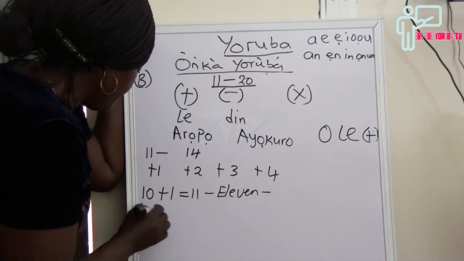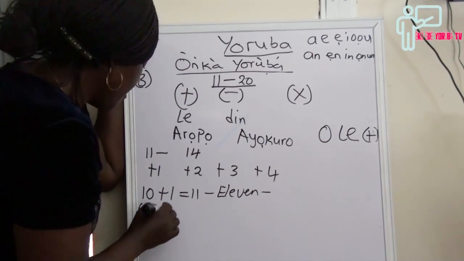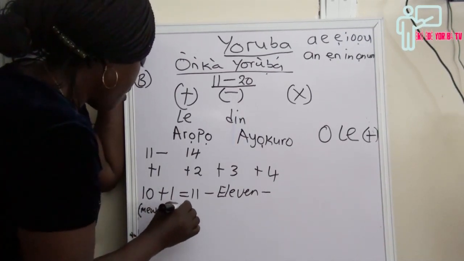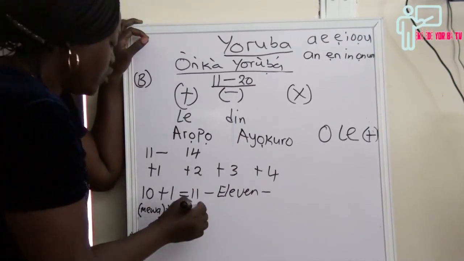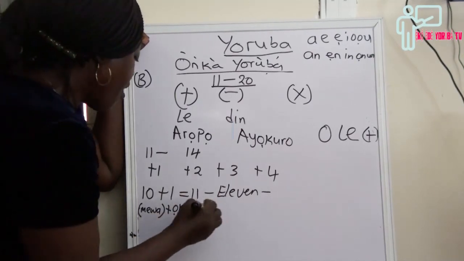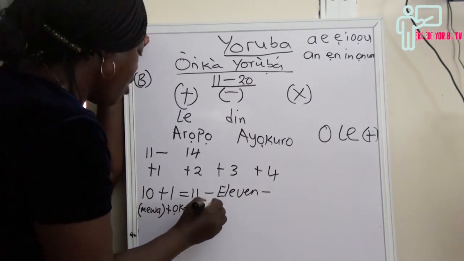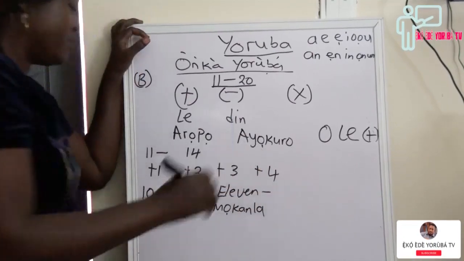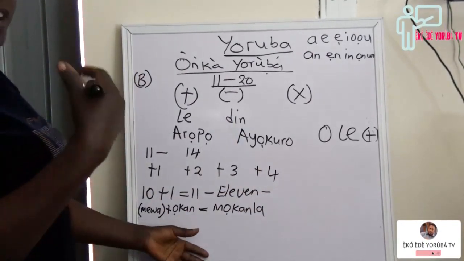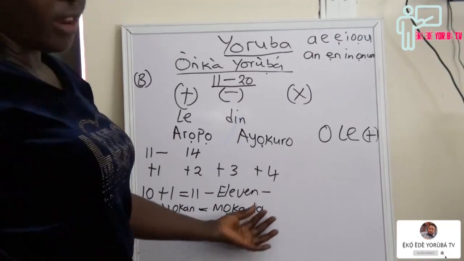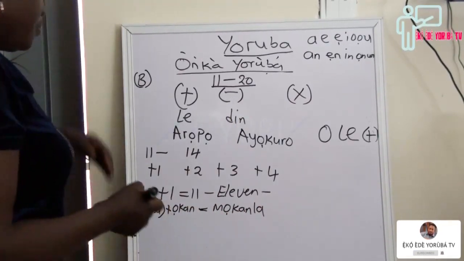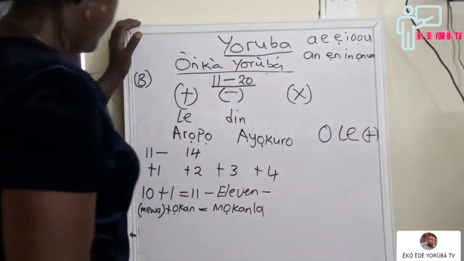Mẹ́wàá plus ọ̀kan. So it will now give us mọ́kànlá. Or we say ọ̀kànlá.